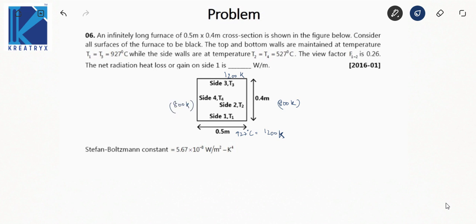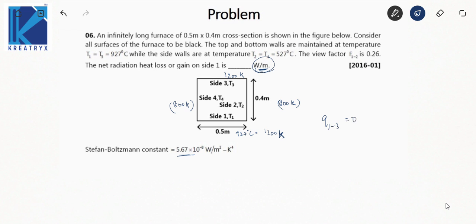The view factor F12 is 0.26. You have to find the net radiation heat loss or gain on side 1 in watt per meter. Note the units, watt per meter. Stefan Boltzmann's constant is given as 5.67 × 10⁻⁸ watt per meter square Kelvin raised to the power 4. Okay, so can I say that Q13 is 0?